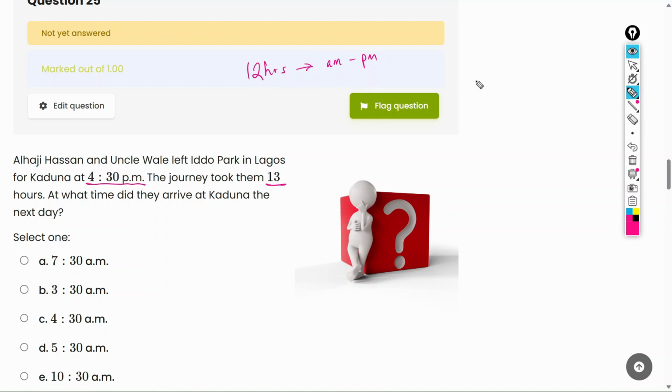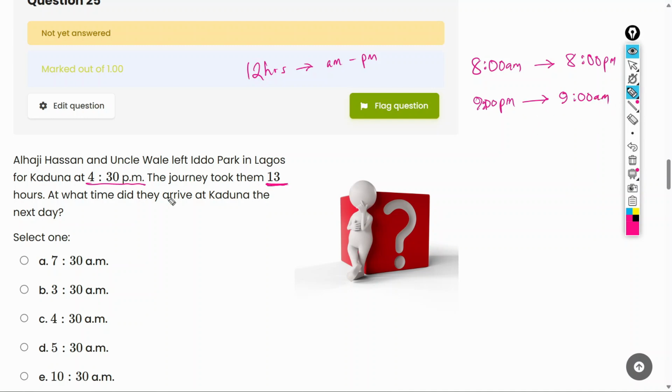So for example, if you have 8 AM, 12 hours after 8 AM is 8 PM. If you have 9 PM, 12 hours after 9 PM is 9 AM the next day.